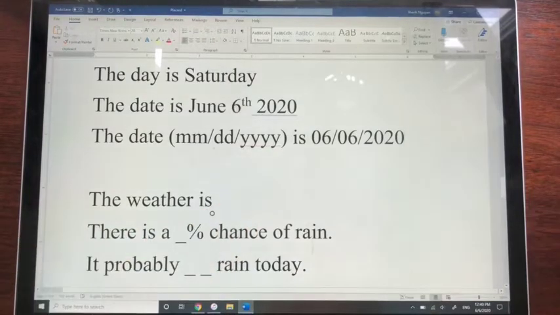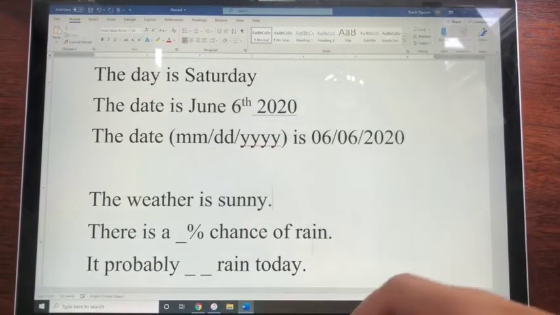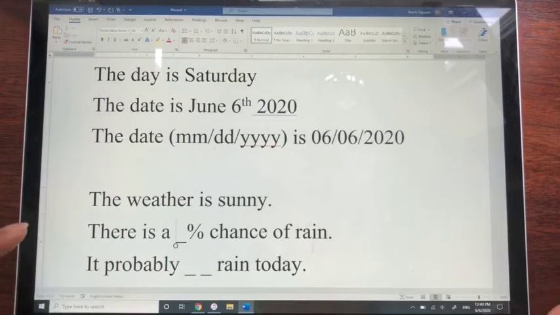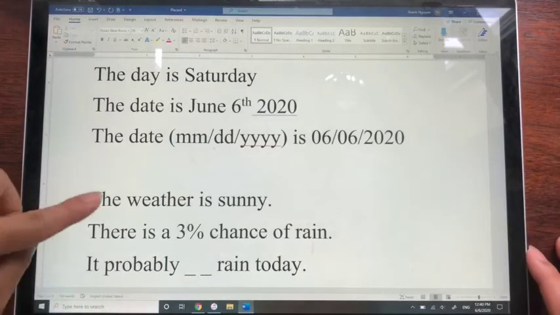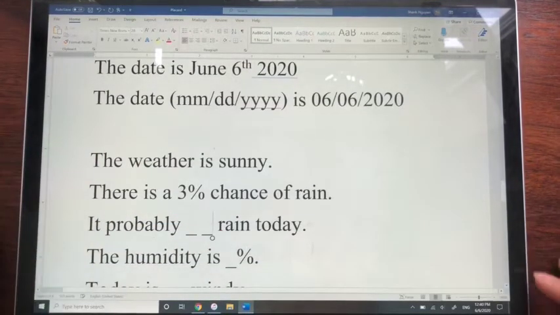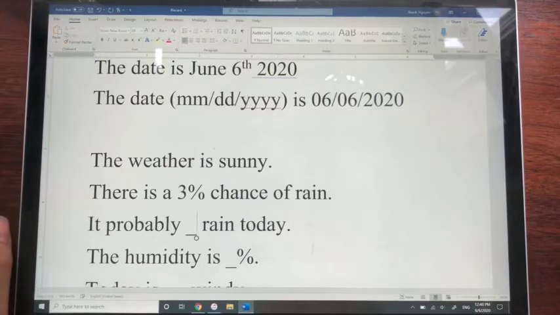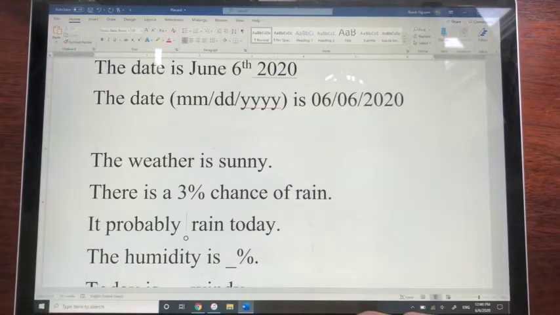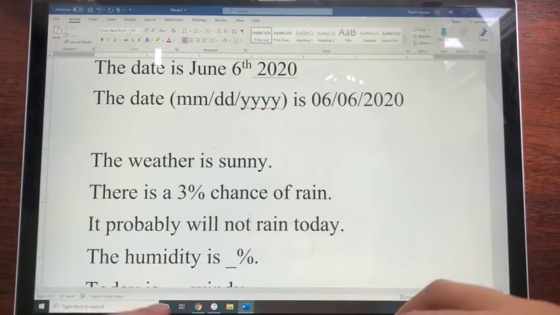So the weather is sunny. There is a 3% chance of rain. If there's a 3% chance of rain, then there's probably no rain today. So it probably will not rain today.